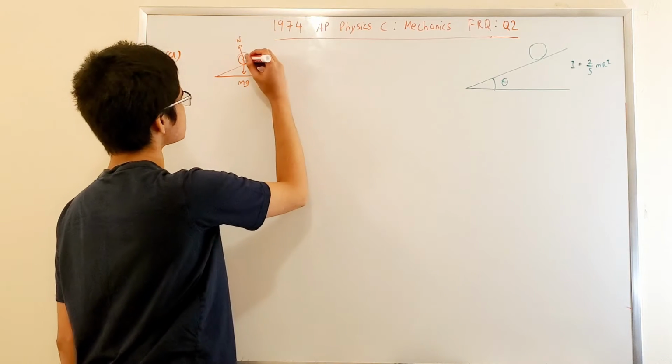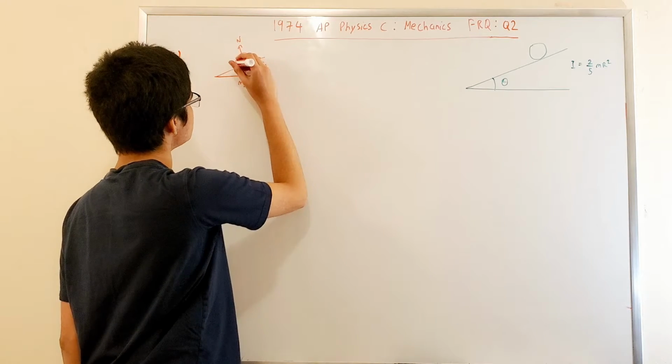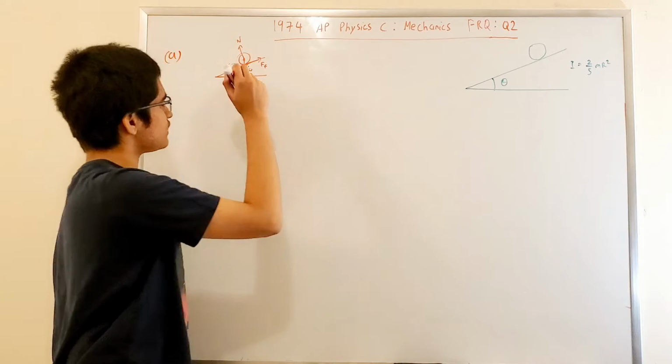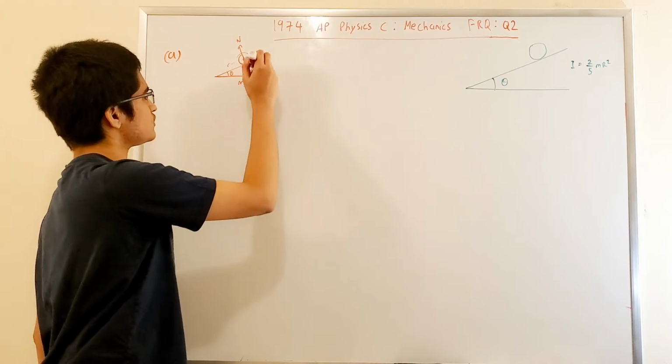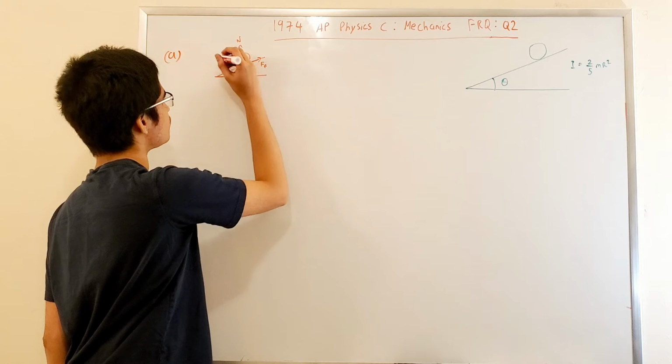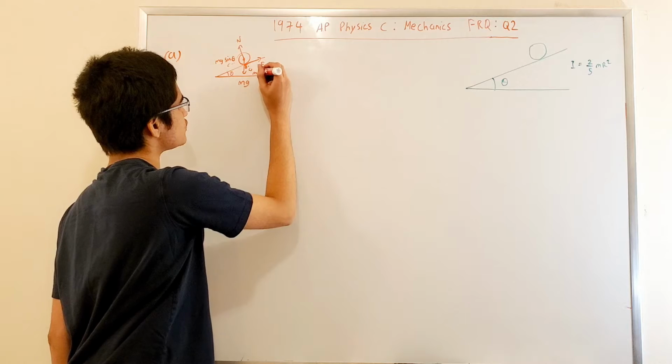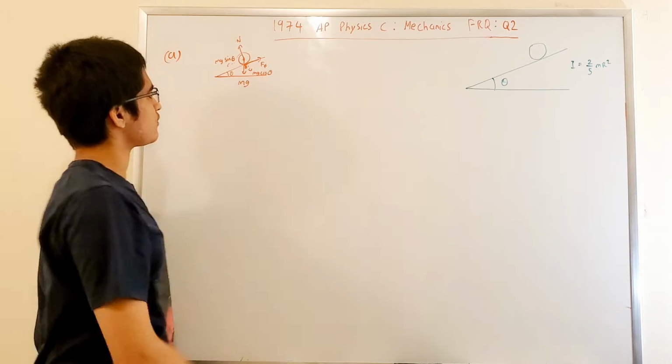We can then split mg into components. If this angle is theta, this component over here is going to be mg sine theta, and this one over here is going to be mg cosine theta.